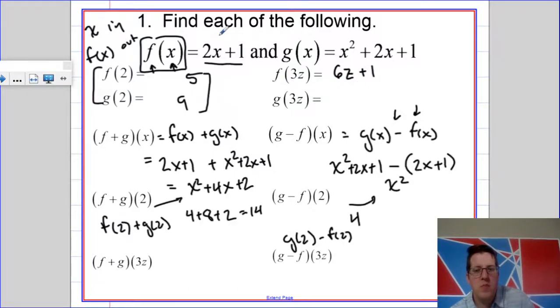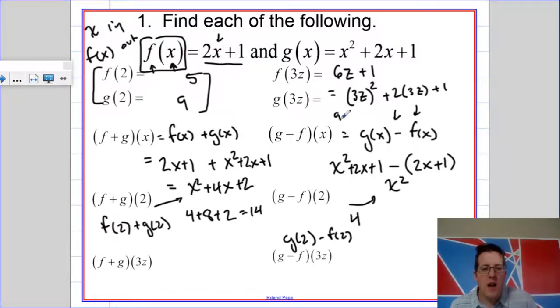So 2 times the input plus 1. g of 3z would be the input squared. That goes in parentheses because you're squaring all of it, plus 2 times the input plus 1. And that is 9z squared plus 6z plus 1.